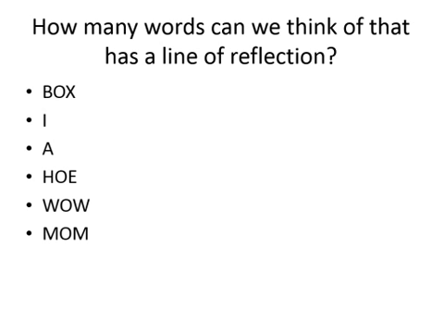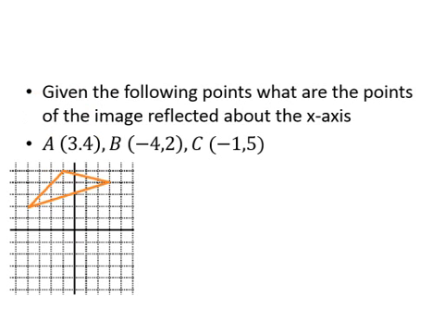The first one's through the middle, going horizontally. I, you could do it either way. A is there. O is there. Wow and mom. Those are more symmetry lines, but it's the same basic thing. So you have some sort of reflection.